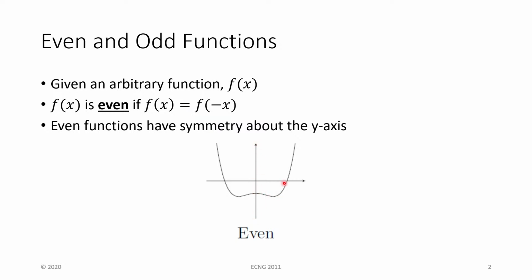If we reflect this part onto the left-hand side of the y-axis, and the left-hand side onto the right, by doing this as f(-x), we see that we get back the same f(x) function. Once we can do this, we prove that the function is even, and this works for any continuous-time arbitrary function f(x).